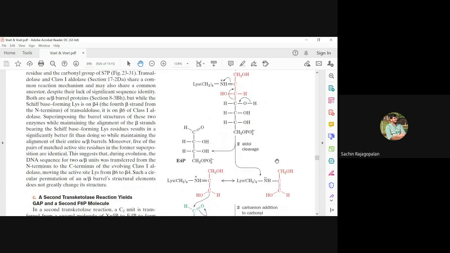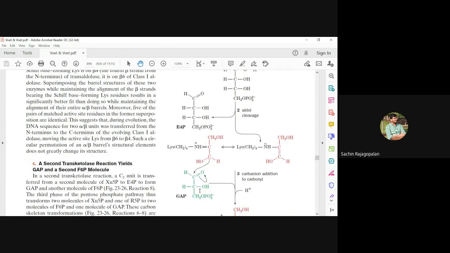So you get a structure like this. But to facilitate the attachment of glyceraldehyde 3-phosphate, we will form a carbanion by shifting this double bond back between NH and carbon and convert this to a single bond, such that now a carbanion is formed, and this carbanion will facilitate the attachment of glyceraldehyde 3-phosphate.